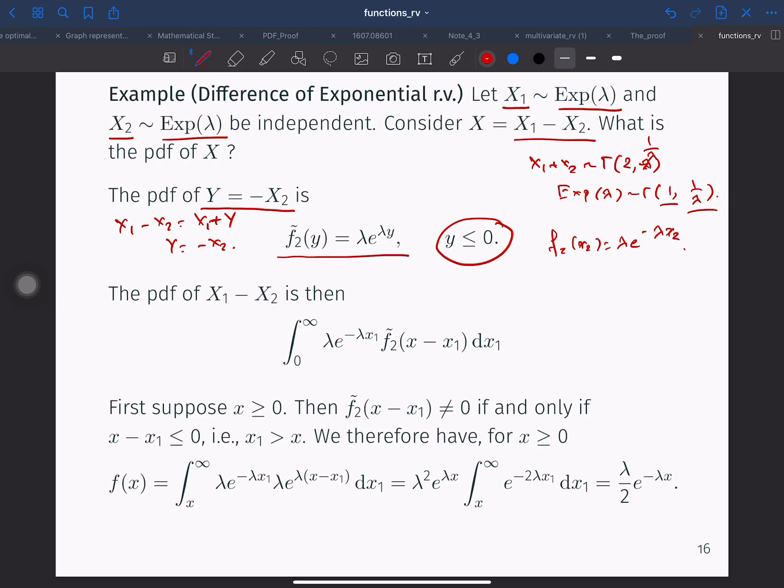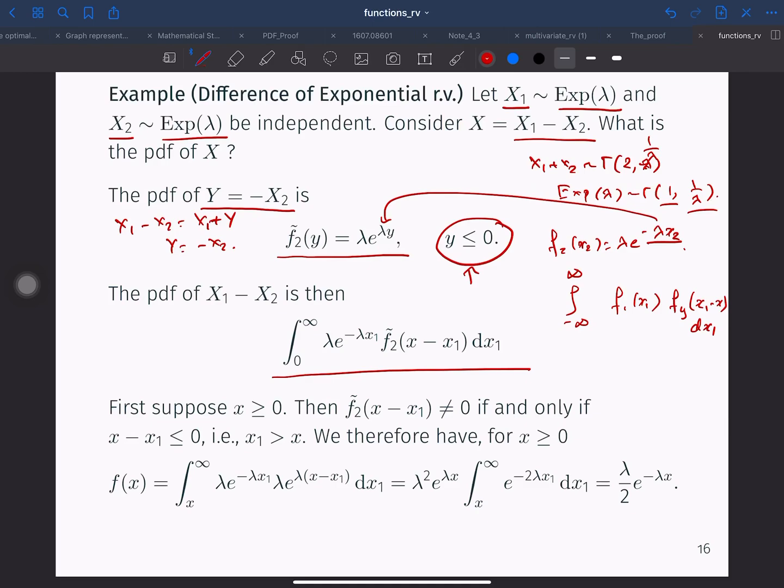So now the support is y less than or equal to 0. So the PDF, I can now write simply as the integration from negative infinity to infinity of f1 of x1 and f_Y of x1 minus x, dx1.